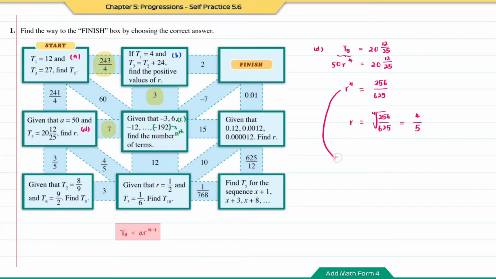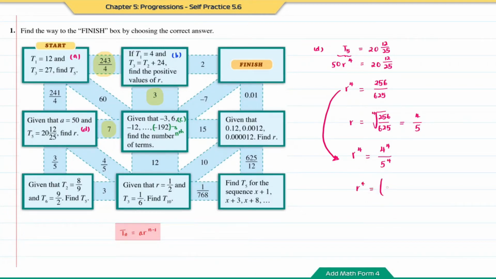Or from this part here, we can change this 256 and 625 into a number with a power of 4. Now, 256 is equal to 4 to the power of 4, and 625 is 5 to the power of 4.